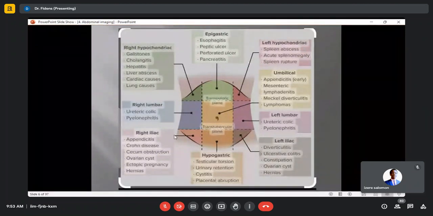And for the right iliac, now appendicitis is normally the proper region for the appendicitis.